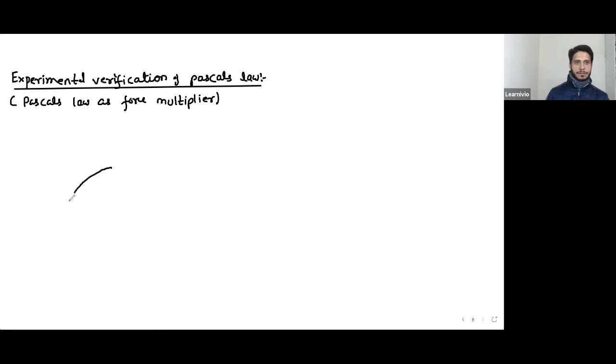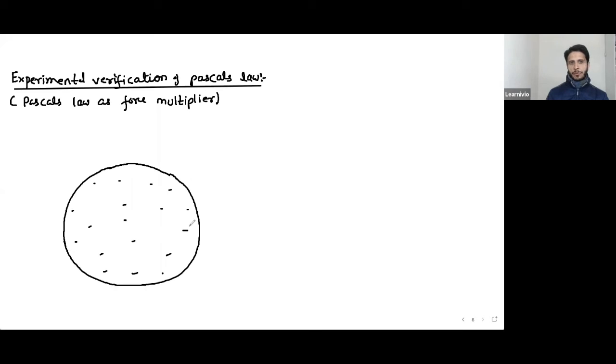Say I take this system, just take this as a container. It has some fluid filled, some liquid or gas. It works on both. So this is some fluid inside this hollow container. On the container, I place some pistons, some very narrow pistons, some very, very wide pistons.